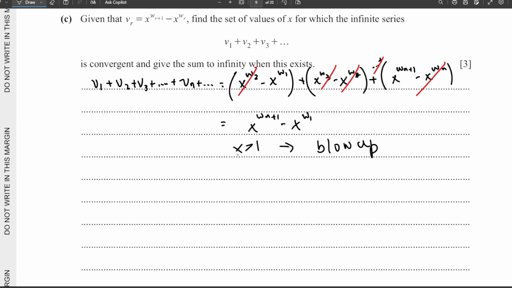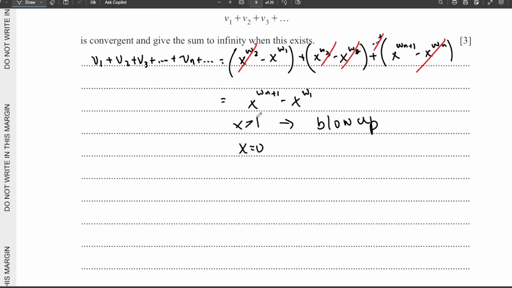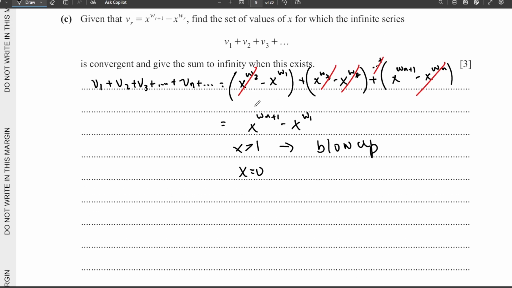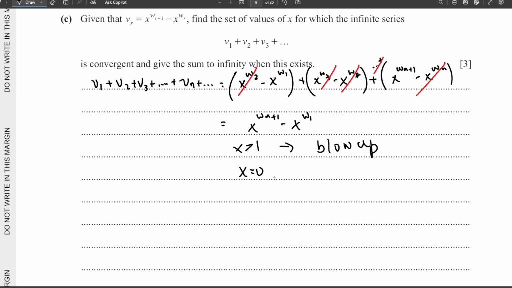When x is 0, 0 to the power of a very large number is also 0. So this one will converge to 0.